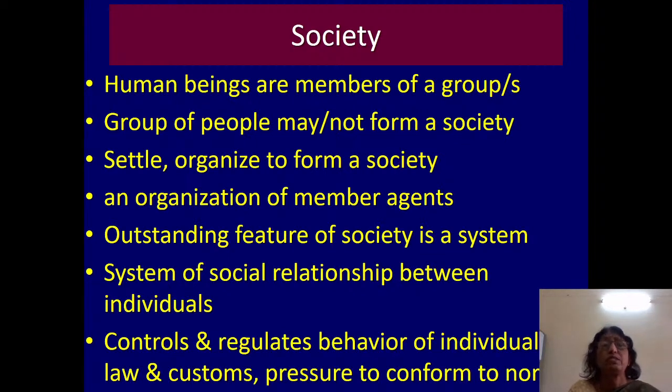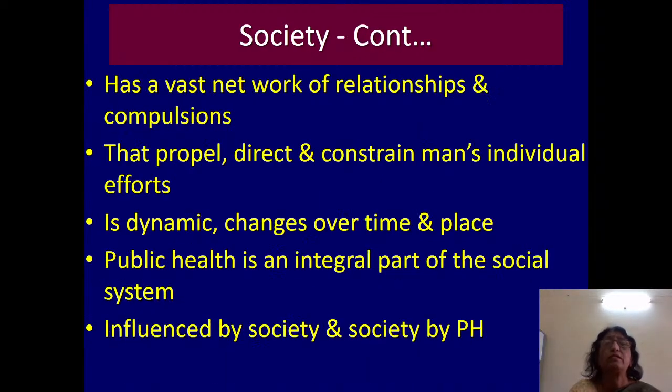All these are norms which are laid down by the people. So that is called society. Society has a wide network of relationships and compulsions also. It's not only relationships, there are compulsions. You just cannot do what we like. We are bound by the norms, and it has a direct and constant bearing on man's individual efforts. It is dynamic and it changes over time and place.